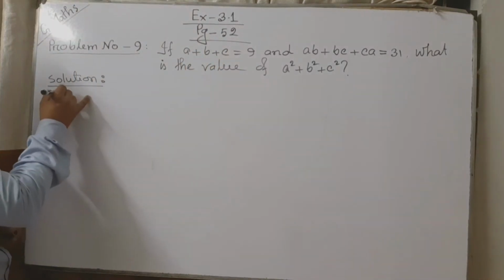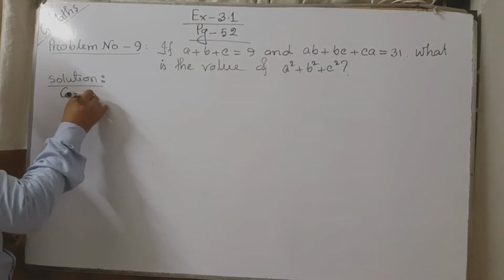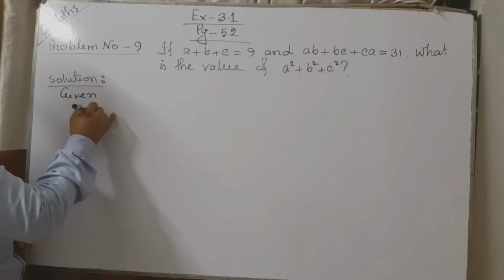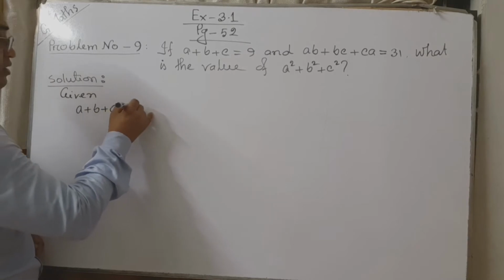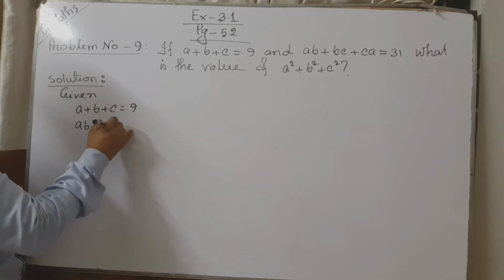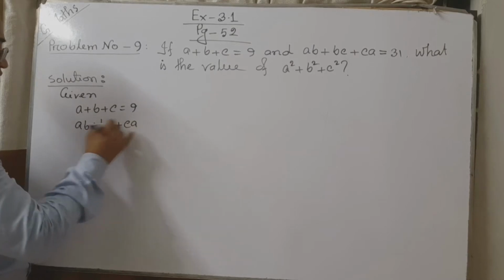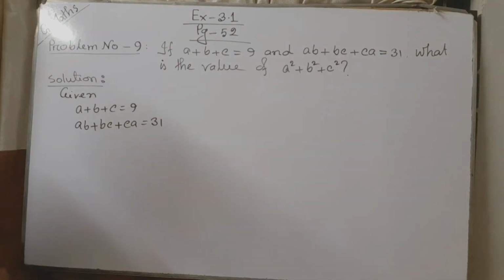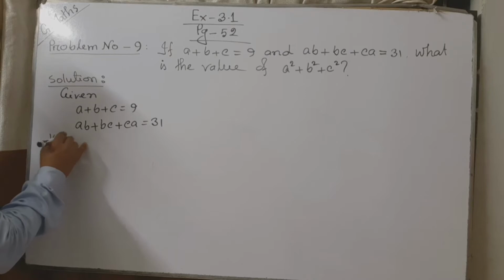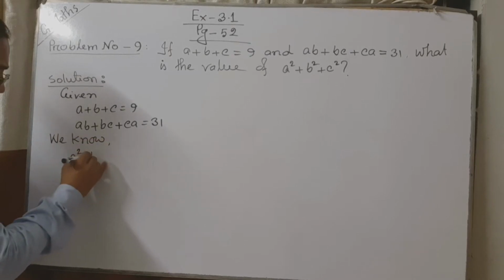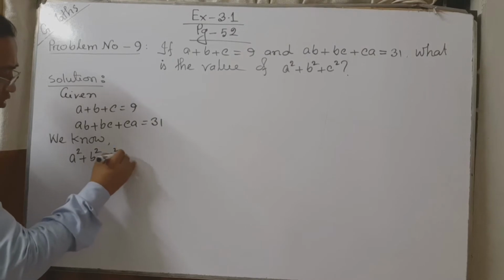At first, we will write the given information by writing given. a plus b plus c equals 9 and ab plus bc plus ca equals 31. These two pieces of information are given. Now we know a square plus b square plus c square.